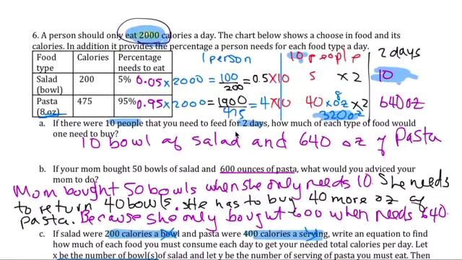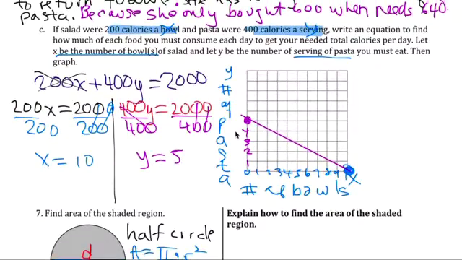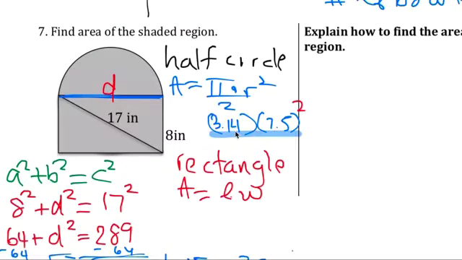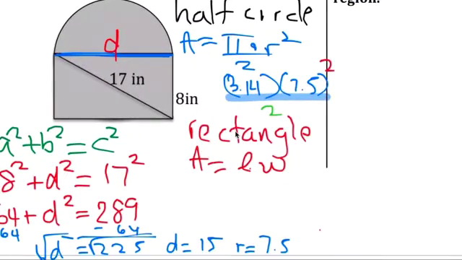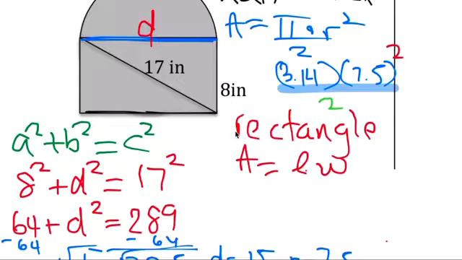And then this problem here, we did 6 and then graphed it. And now we have to explain what we did here and divide that by 2. Make sure you divide by 2. The length and width of this rectangle: the length right here is the same as the diameter up here.